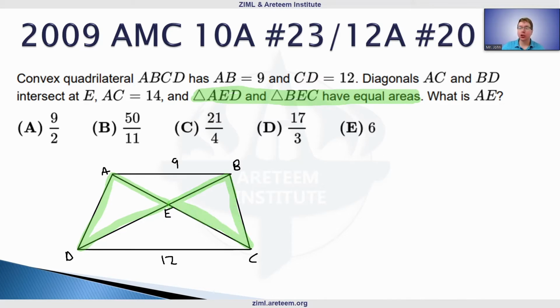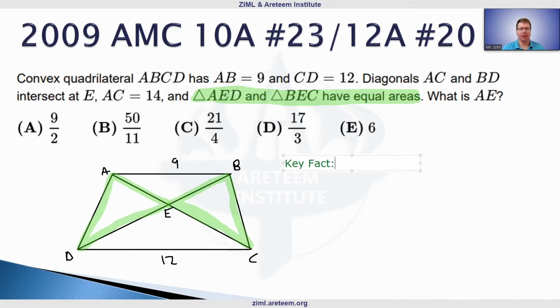Now, this should make us suspicious. This should remind us of a special shape, a trapezoid, right? And actually, this does work in both directions. If we have a trapezoid, these two triangles have the same area, but that's also enough to prove we have a trapezoid.